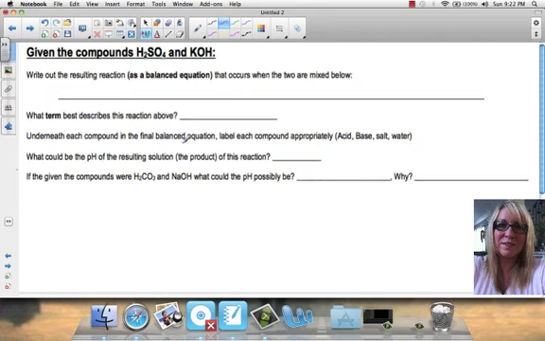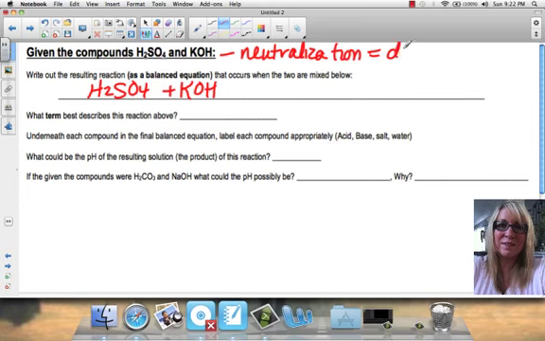Write out the resulting reaction as a balanced equation that occurs when the two are mixed below. So I've got H2SO4 and KOH. Remember, when you mix an acid and a base, this is a neutralization reaction, and that is simply a fancy name for a double replacement reaction.